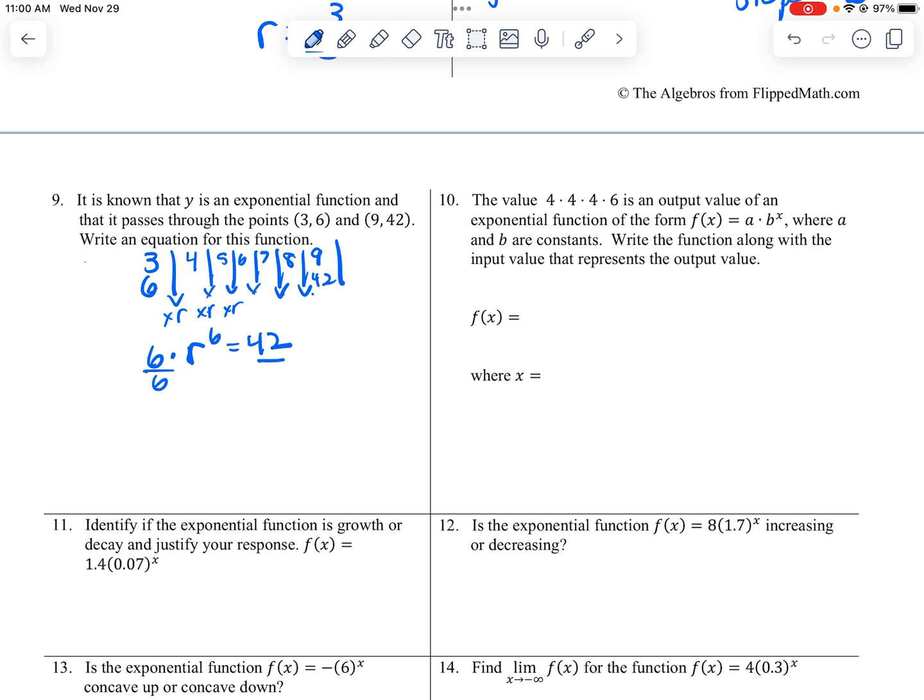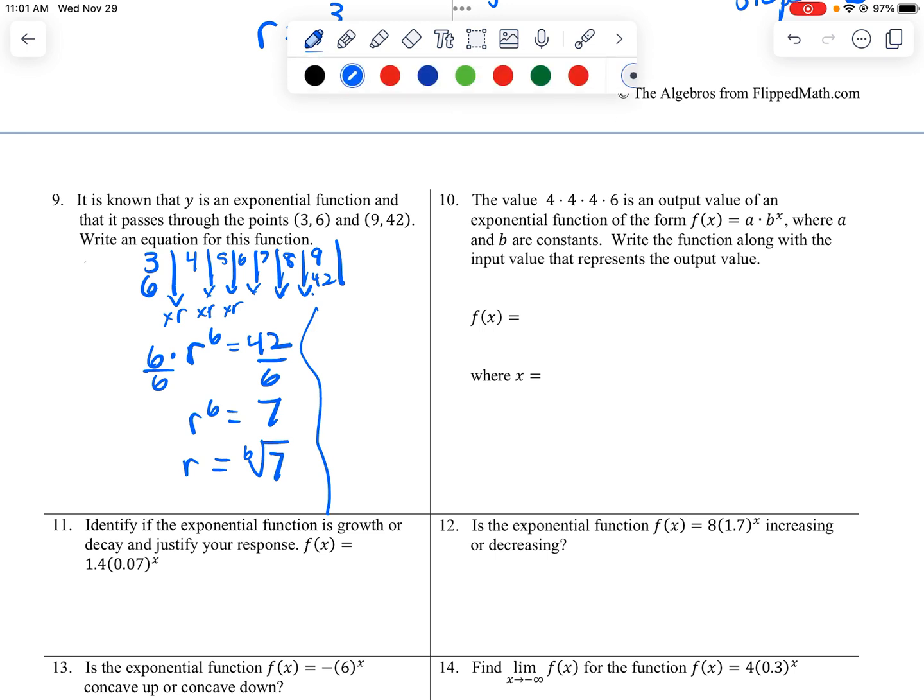So divide by 6, divide by 6, r to the 6 equals, I could reduce that down to 21 over 3, which is 7. And then I could take the 6th root. So r equals the 6th root of 7.